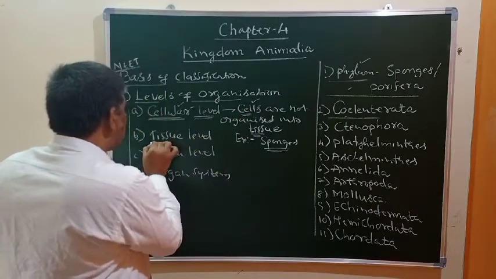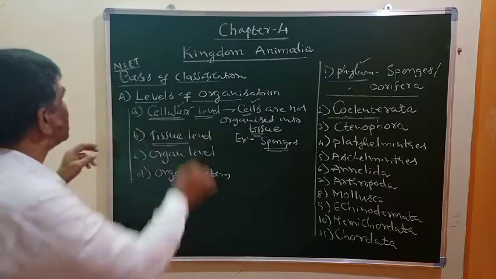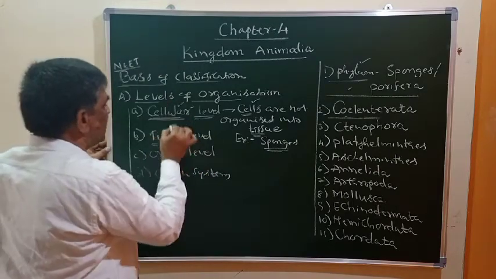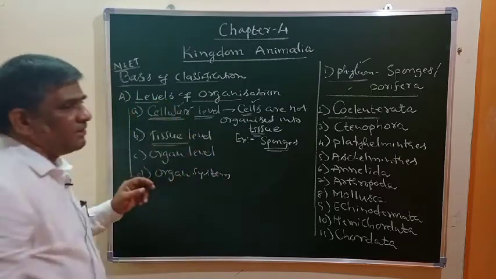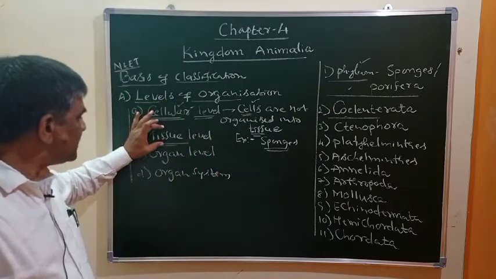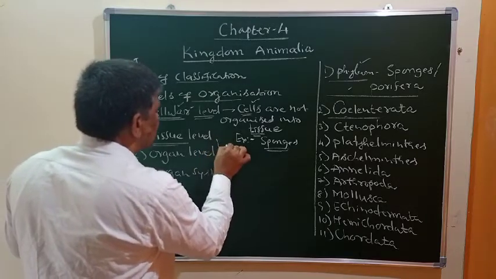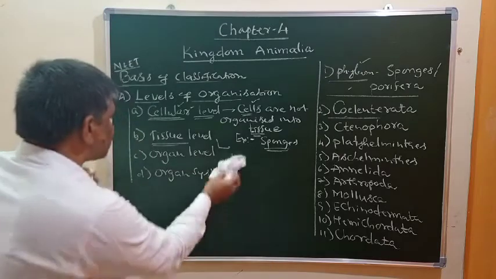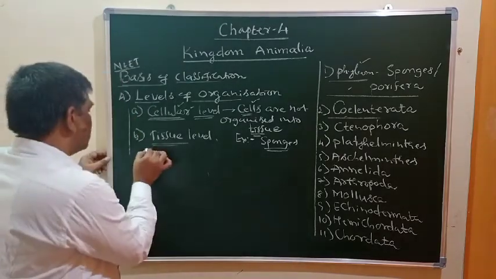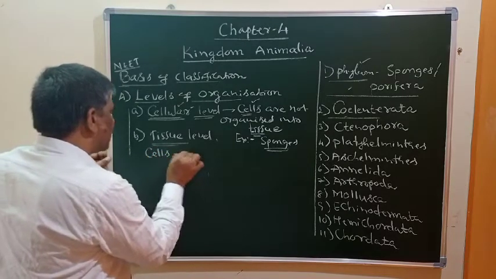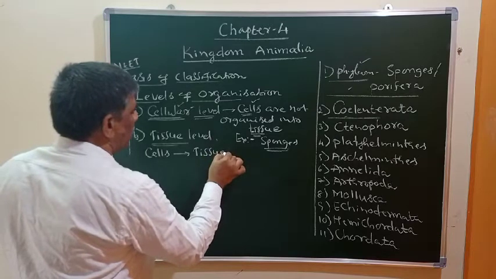Now let us understand the next one, the tissue level of organization. This tissue level is a little higher than the cellular level of organization. In this organization, cells are organized into tissues. It means these animals' bodies have tissues.